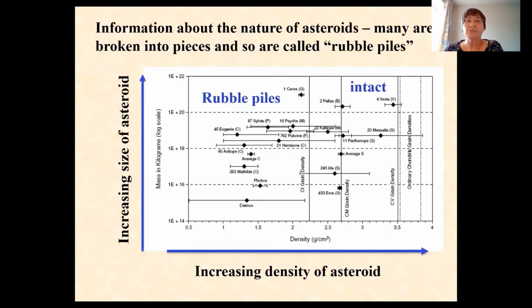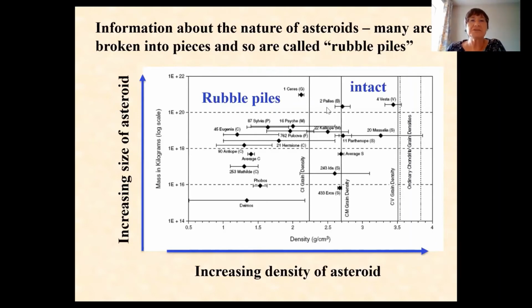And you'll see at the top right-hand corner, there we go, Vesta. And Vesta is one of the largest of the asteroids, and it's also one of the densest. So we can make a prediction there that Vesta is intact. It is not a broken up asteroid.